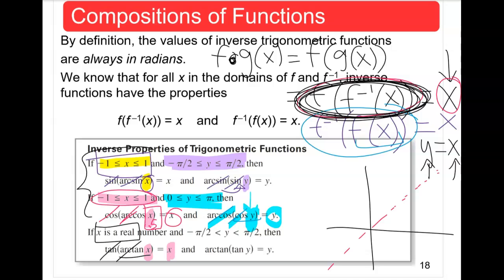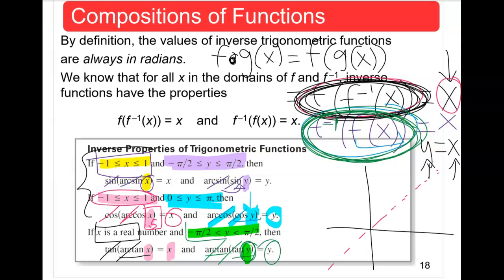Okay, now if we are in the other case where we have the original function being inside the parentheses and the inverse being the one outside, like we have here, then as long as this number here is in between negative pi over 2 and pi over 2, without including those two, we are free to cancel out, and the answer will just become whatever the angle is, as long as that angle is in between that interval.